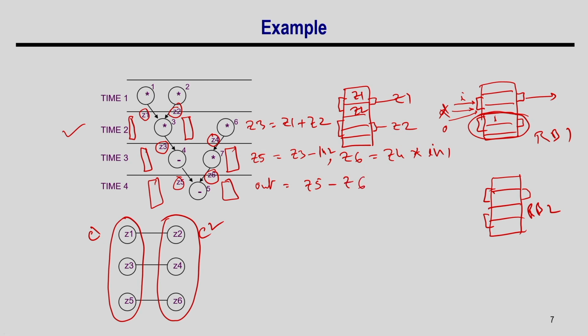So, now what is happening here: Z3, Z1 and Z2, these are the 3 variables that are going to be accessed in time step 2, and since I am assuming that I have a memory bank which has 2 access ports, only 2 of them can be mapped to the same bank. Okay. So, once we say these 2 variables are mapped to the same bank, they will be stored somewhere, which is automatically decided, right.